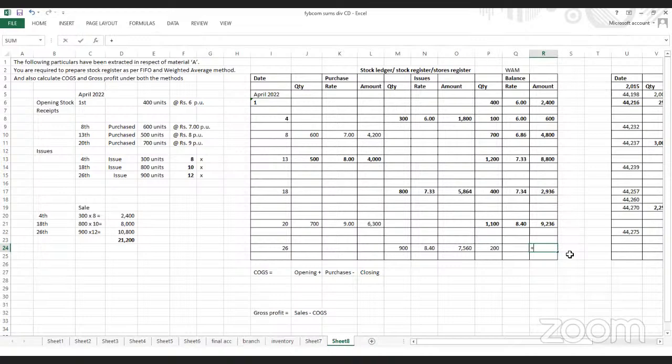Amount 9236 minus 7560. For the rate, simply divide amount by units. 8.38. This is how you have to solve in the weighted average.